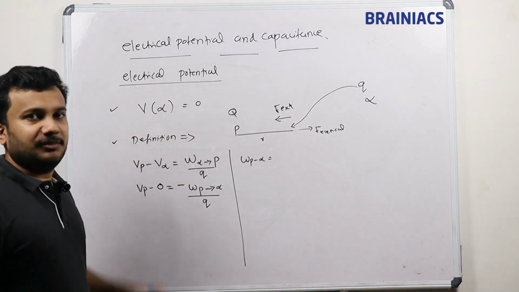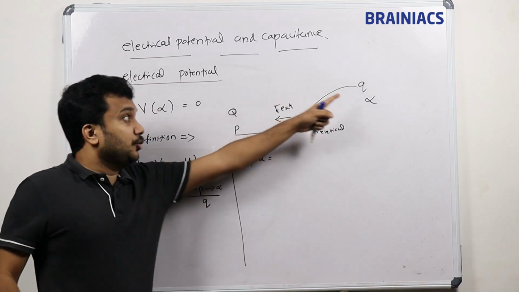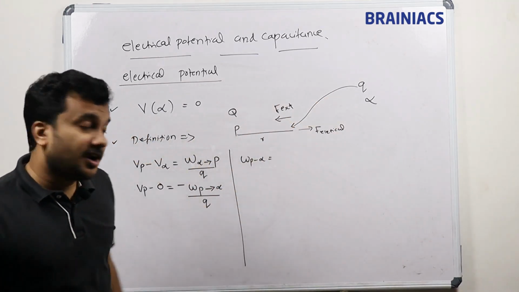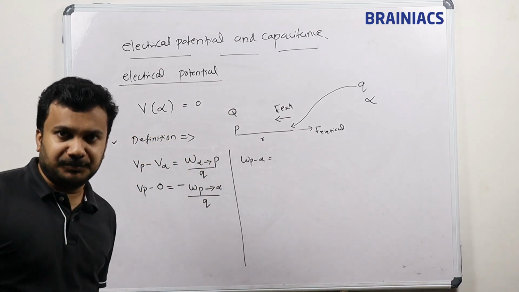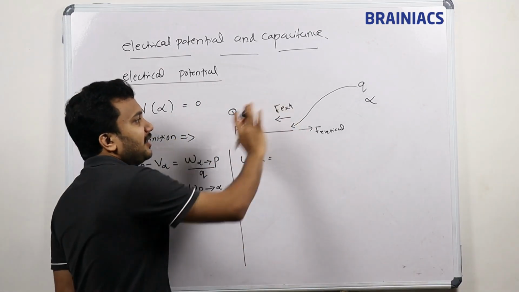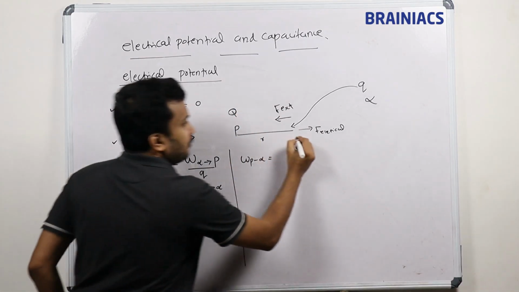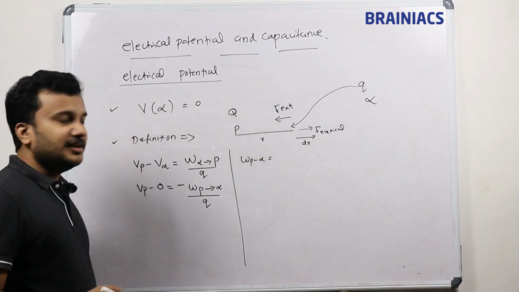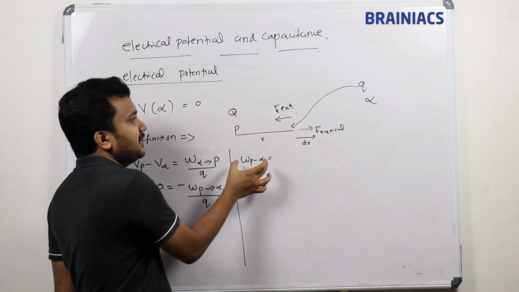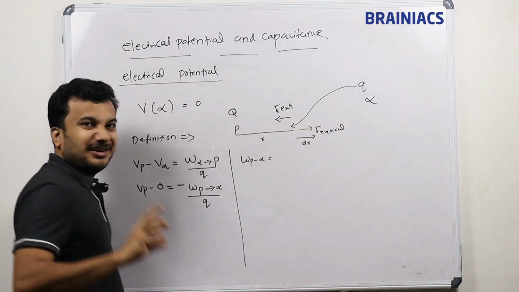My aim is to keep the small q amount of charge nearer to the capital Q amount of charge. But the electrical force will act one way and the external force the other, and due to the electrical force, suppose the body moves a small distance called dr. Here I can say it's a variable force because this electrical force will change.